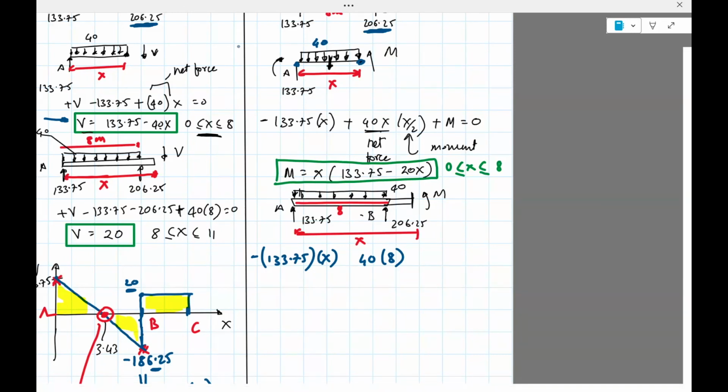The distance of the load, which is approximately midway, is 4 meters from B. So this 4 plus this 4, the point of application, which is approximately midway, is at a distance of x minus 4.